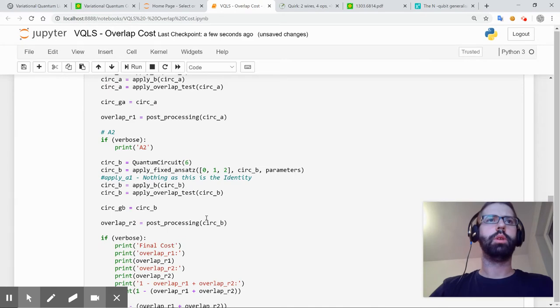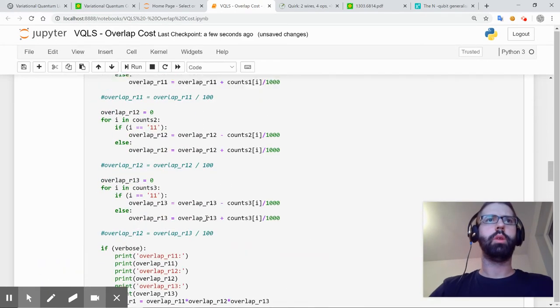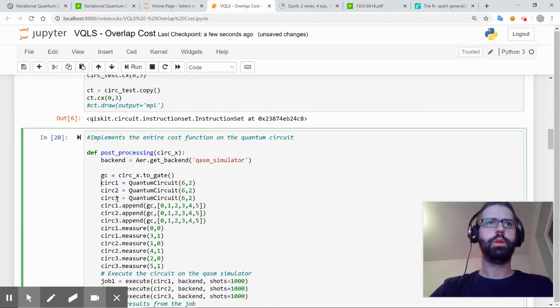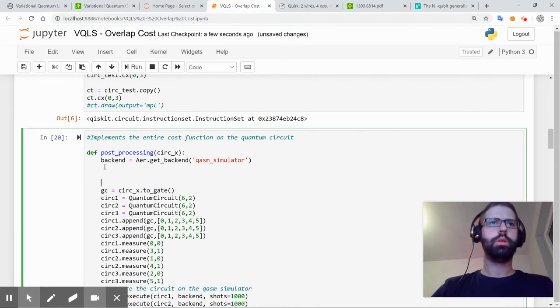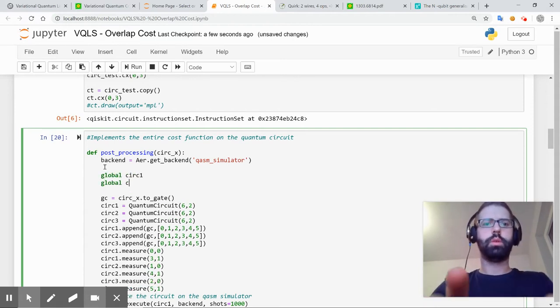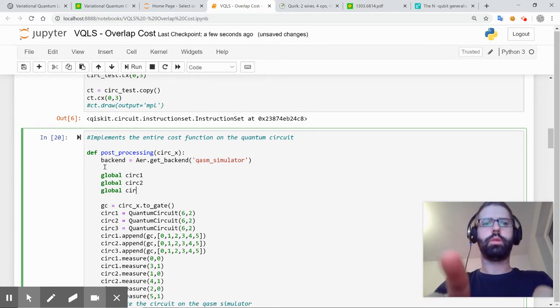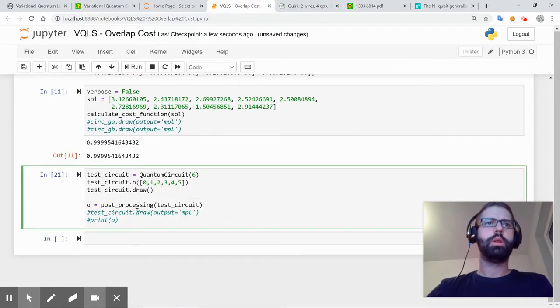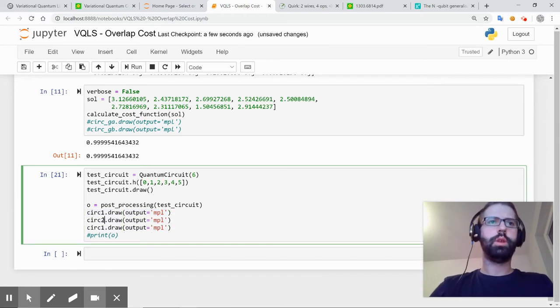I'll make them global. Can I make them global? Probably I can. Global circ1, global circ2, and global circ3. And now I should just do circ1, circ2, and circ3.